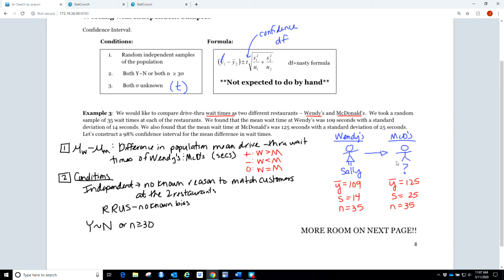Does not say that here either. So we do not know that they are normally distributed. Now, luckily, we do have samples of at least 30 for both of our groups. So our sample size for Wendy's was 35, and our sample size for McDonald's was also 35. So they are both met here. So we're good on that condition.